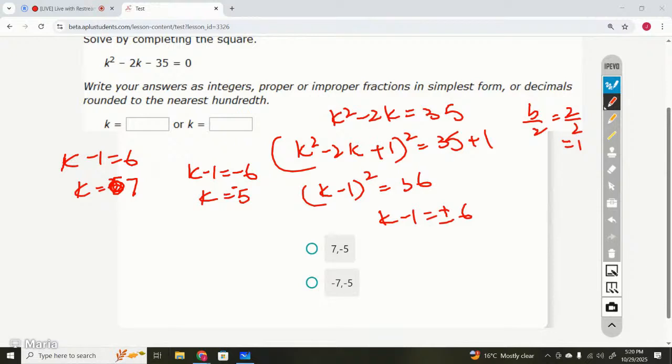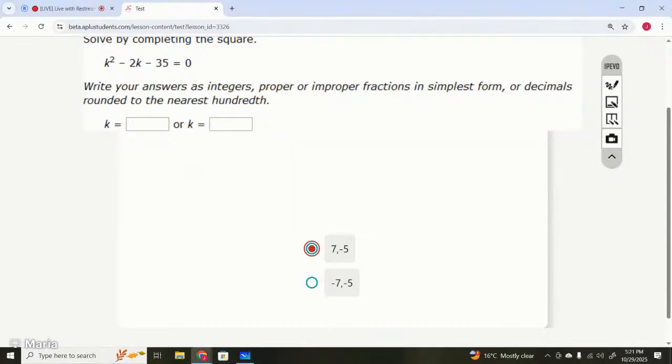So 7 and negative 5. Option number 1 is the correct option, that is 7 and negative 5.